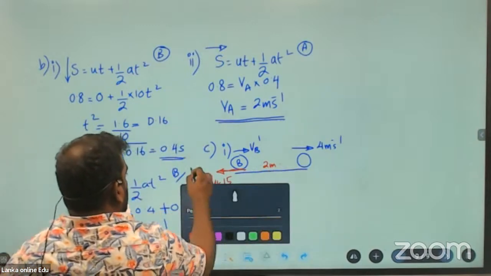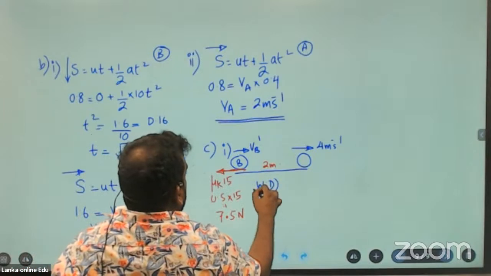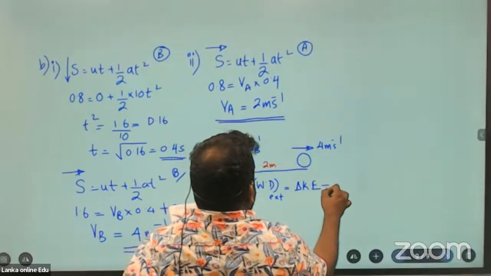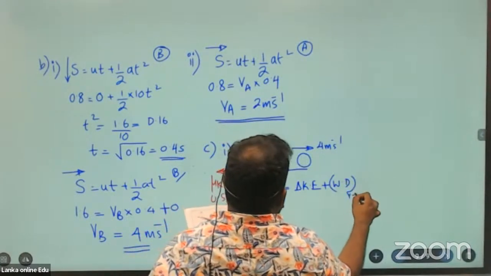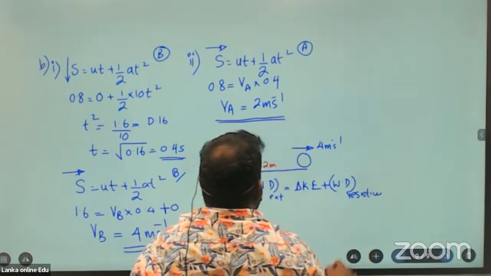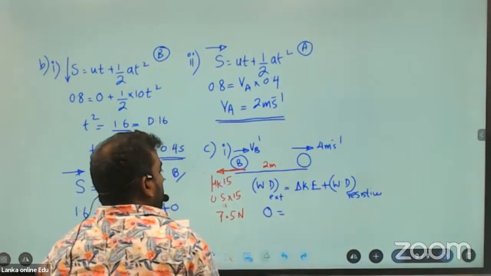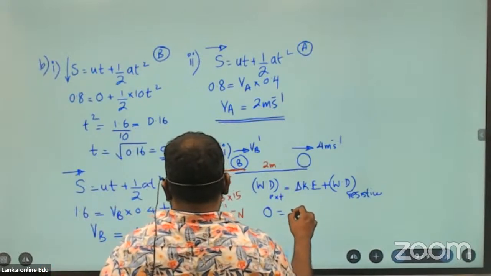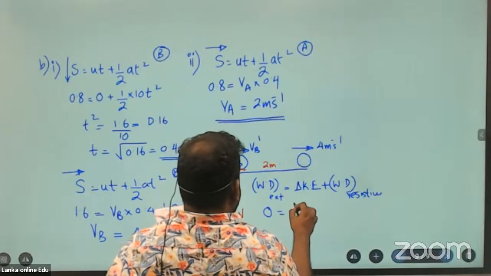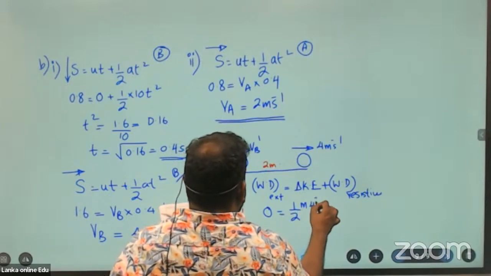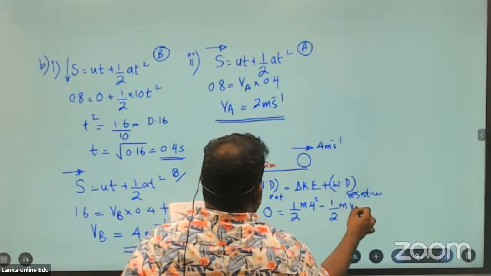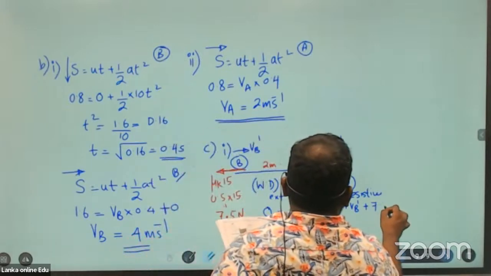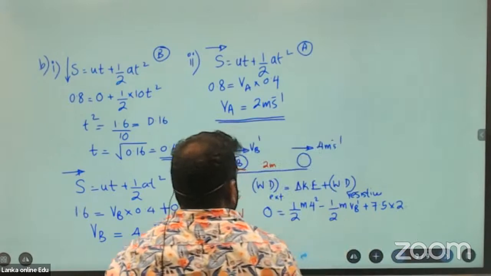Let's apply the work energy principle. Work done by external force equals increase in kinetic energy plus work done by resistive forces. Work done by external force is 0. Final kinetic energy is half mass times vB dash squared. Work done by resistive force is 7.5 times 2 meters.